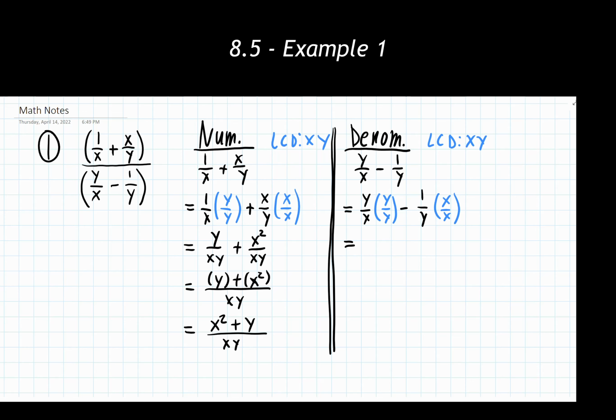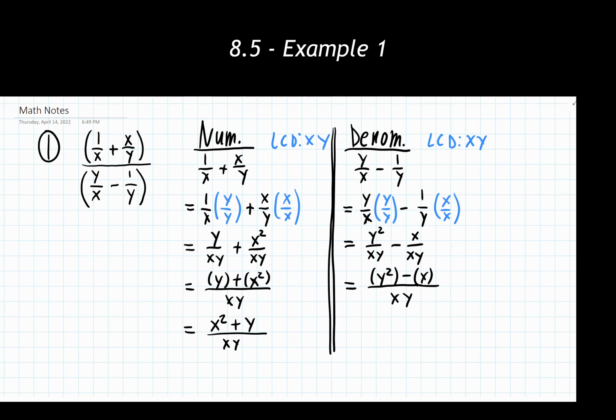So my new first fraction is going to become y squared over xy. Make that a clear x there. And then the second fraction is going to be x over xy. I'm then combining everything together as one single fraction, each numerator again inside a set of parentheses, all over xy.